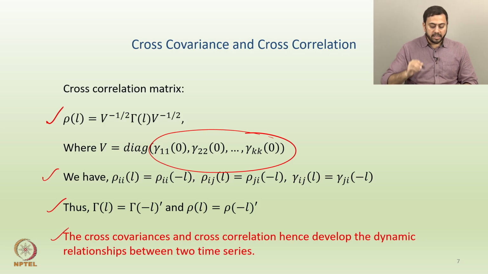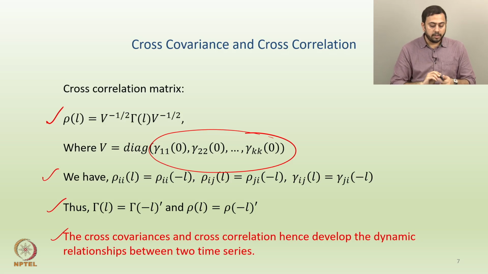The cross covariances and cross correlation hence develop the dynamic relationships between any two time series, right. So, if you want to analyze two different time series processes, or rather more than one, then as we studied earlier in the last lecture, we have to transition from analyzing a univariate series to bivariate, trivariate or multivariate, and there the idea of a single autocovariance or single autocorrelation does not serve the purpose, because now you have more than one.